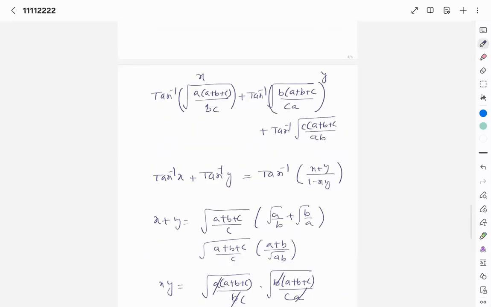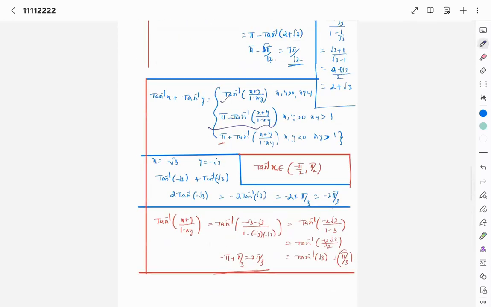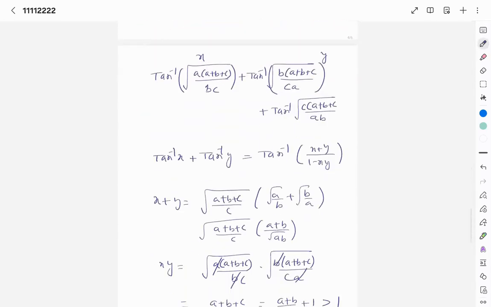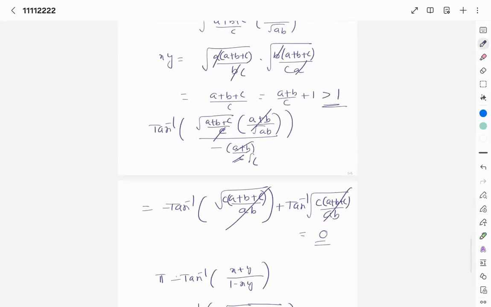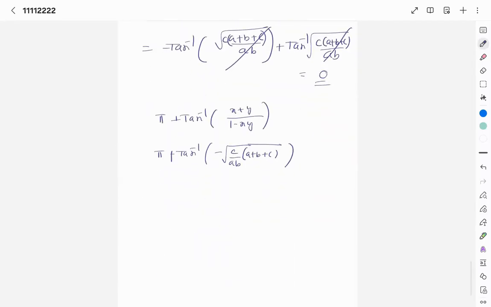Here I made a small mistake. It should be pi plus. So then here it is plus. Here you got it as pi minus tan inverse root of c into (a plus b plus c).